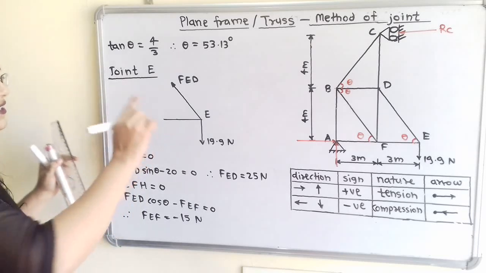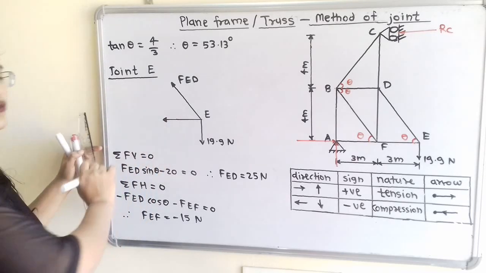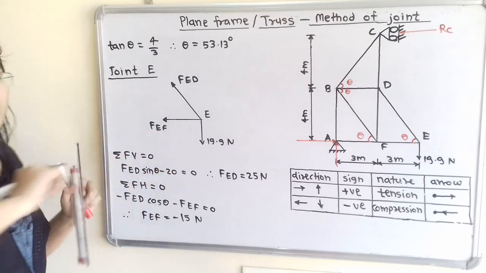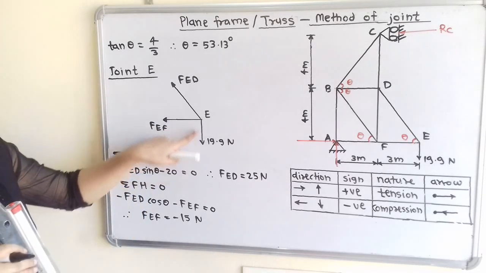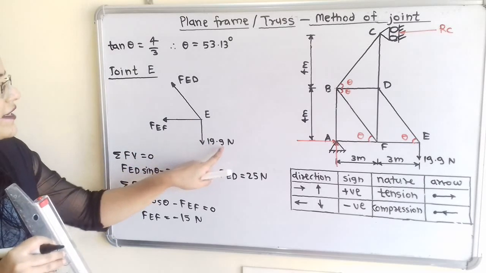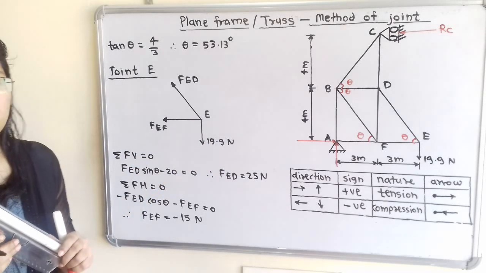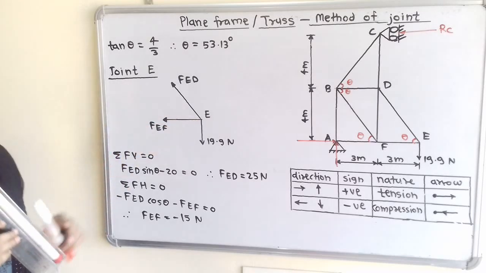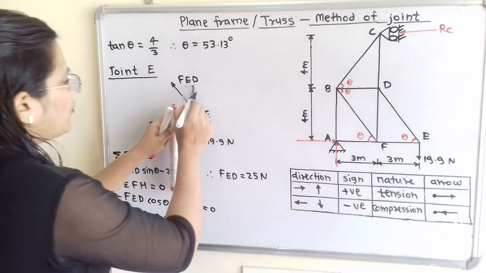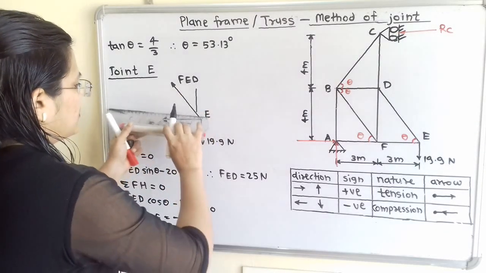Then the next is member EF, and we show the outward direction, FEF. And this is the known force and the direction is mentioned, so we show it as it is, 19.9 Newton. Now this is the inclined force, so we will resolve it into two components, a vertical component and a horizontal component.